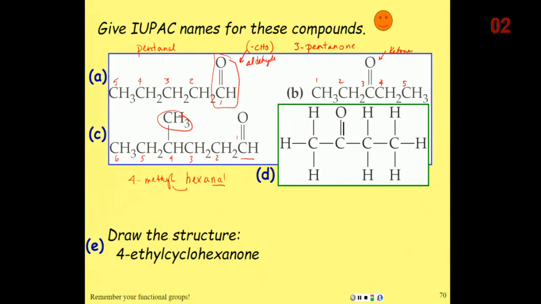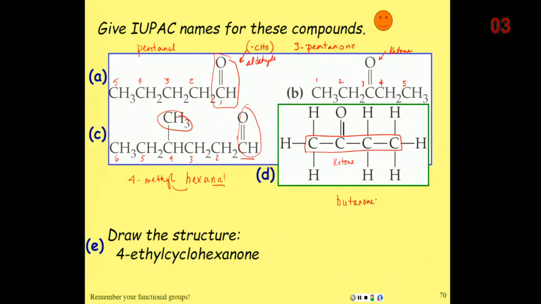Compound D. First question is, what's the functional group? Is it an aldehyde or is it a ketone? Well, the ones that are aldehydes are going to have this C double bond O with a hydrogen on the end of the chain. This one's not. So this one is also a ketone. And then the longest continuous carbon chain is simply 4 across here. And so 4 carbons would be butanone.